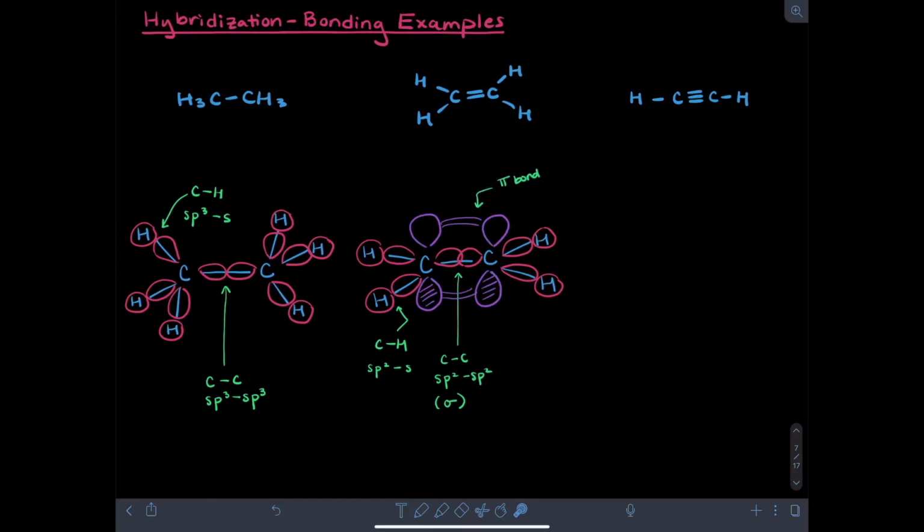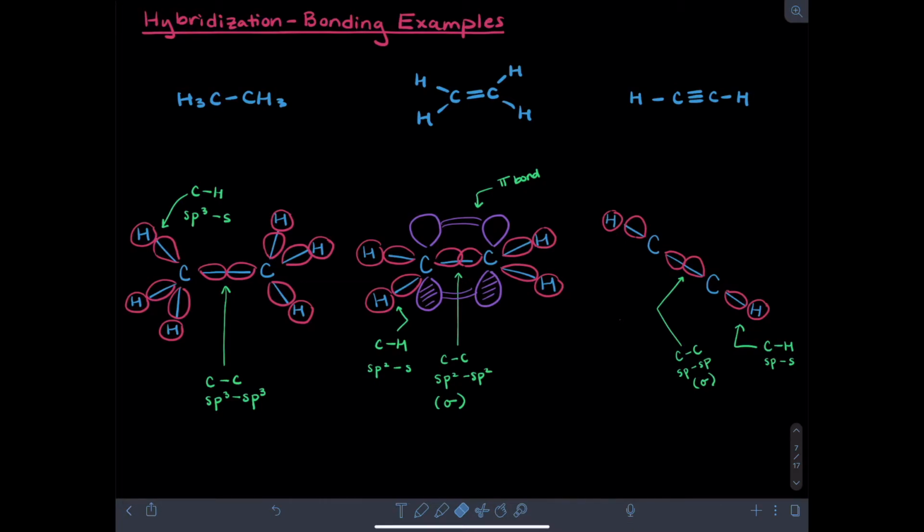The unhybridized p orbital from each sp2 hybridized carbon will go to form a pi bond, where the pi bond is our side-to-side overlap of our two unhybridized p orbitals. If you remember from intro OChem, this pi bond has a way of restricting the rotation about the carbon-carbon bond.